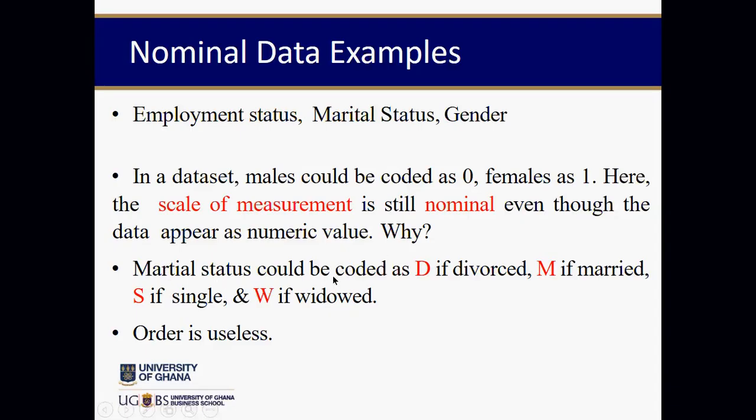Marital status could be coded as D if divorced, M if married, S if single, and W if widowed. You get it? Order is useless. So even though we can represent them by numerical values, it is still nominal.